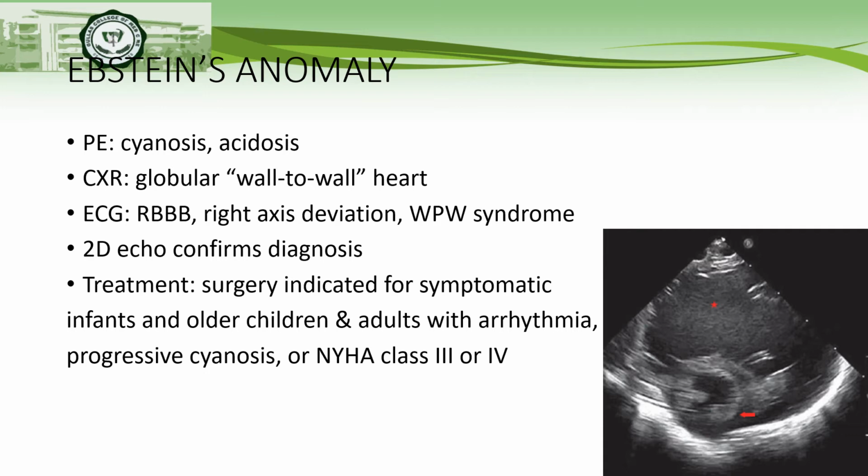ECG would show an RBBB or a right bundle branch block, right axis deviation, and a Wolff-Parkinson-White syndrome. 2D echo confirms the diagnosis, and as with all other congenital diseases, surgery is the definitive treatment. But this is indicated for symptomatic infants as well as older children and adults with arrhythmia, progressive cyanosis, or with the NYHA classification, class 3 or class 4, the CHF classification.